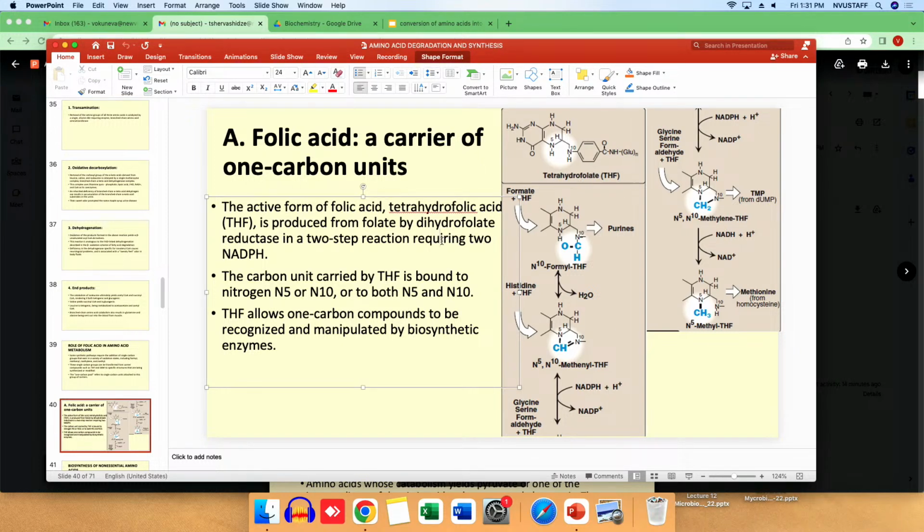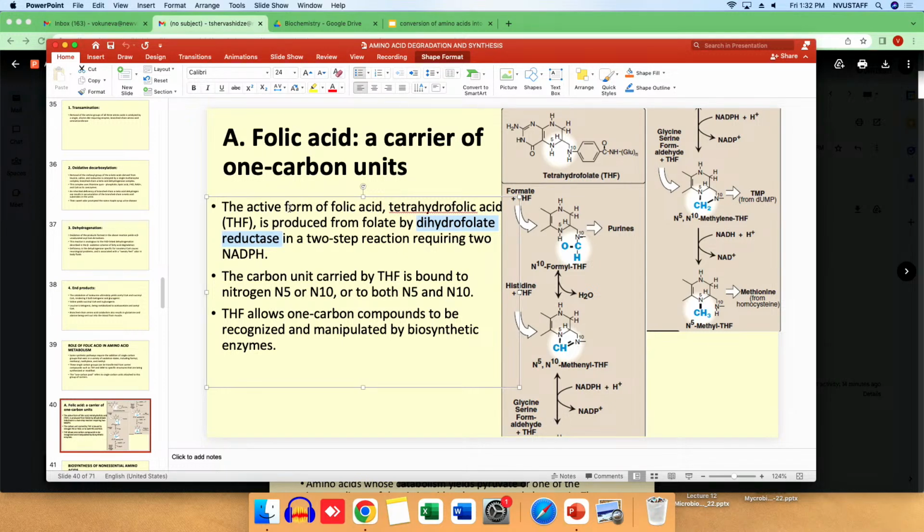What is the enzyme that is responsible for this conversion? Because we need a special enzyme for this conversion. This is dihydrofolate reductase. Please remember, dihydrofolate reductase, name of the enzyme that is responsible for the conversion.